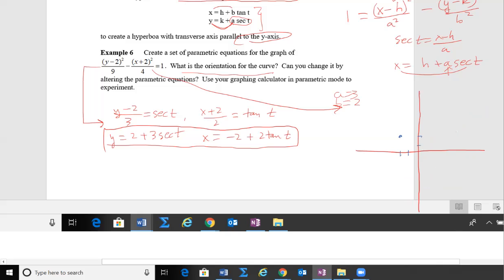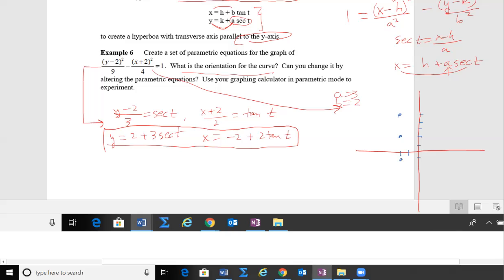Okay, and my a is 3 units up, and 3 down. So I would put it here. And b is 2. So I'm going to come over here.